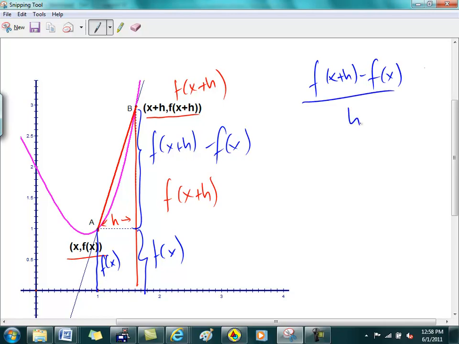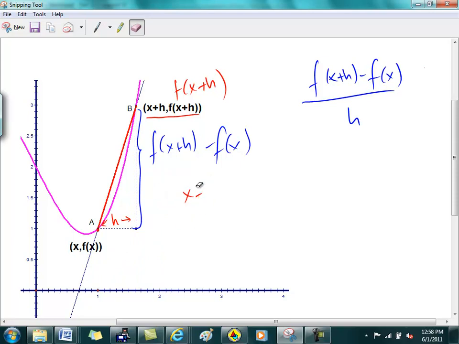What is this equation calculating? Let me erase a lot of this stuff, okay? So you guys can see this. What is that equation calculating? No, not yet. Yeah, but what is it calculating?